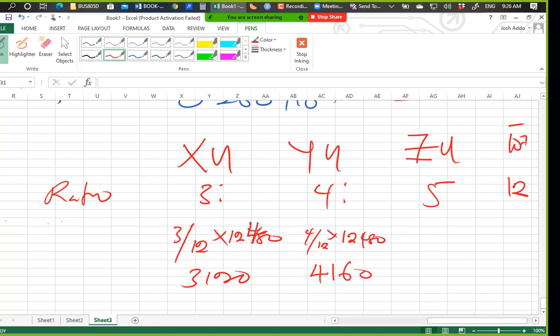Okay, and this one will be 5 over 12 times 12,480, which will be 5200. Okay, when you sum, you get the same total we have shared. So this is basically most of the things that we need to know about multi-product environment CVP analysis.